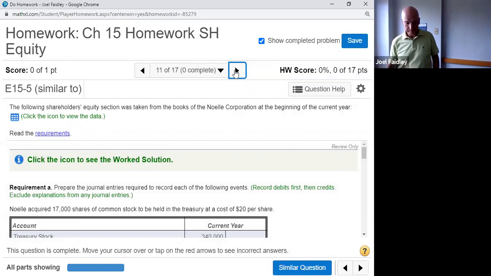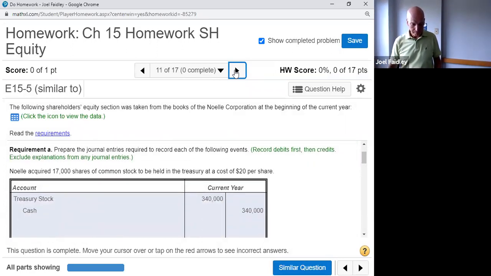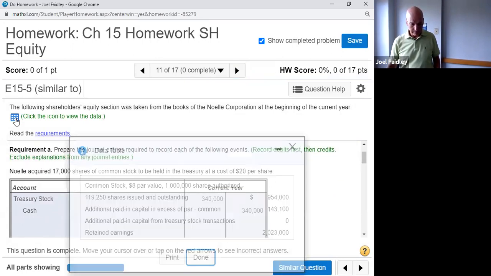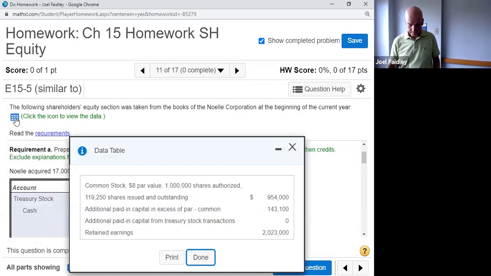Treasury stock. Looks like we started the year with 119,250. I've got a note here to track treasury stock.